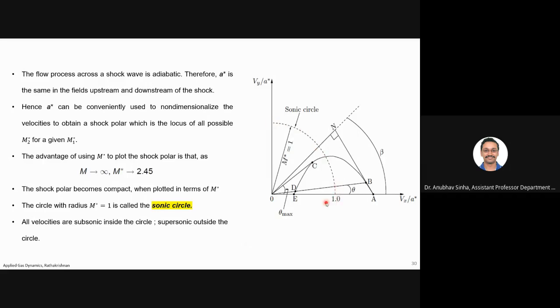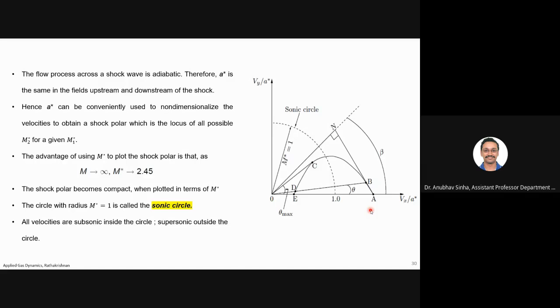Any point which is inside, for example E or C, is inside the sonic circle, so these velocities are subsonic. Whatever points are outside the sonic circle, let us say B, A, are supersonic. Now can anyone tell me which one will have a strong shock and which one will have a weak shock?